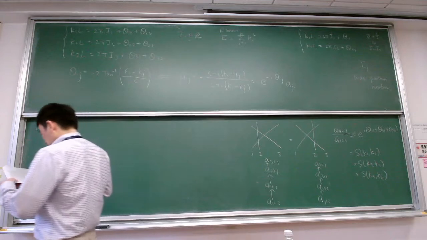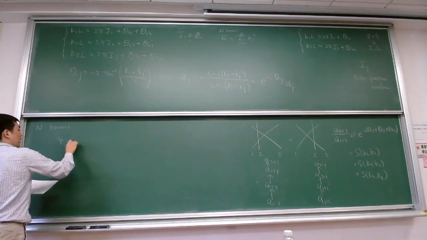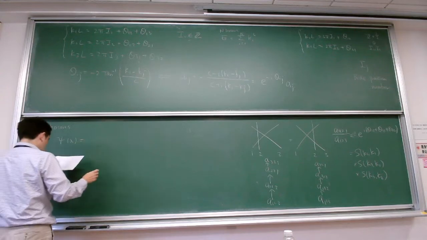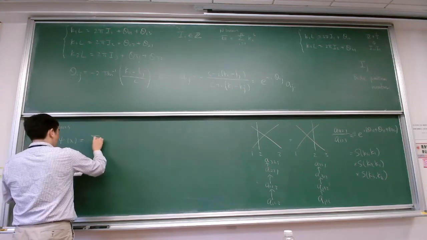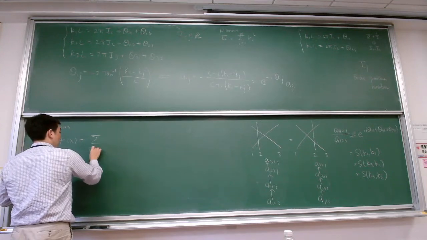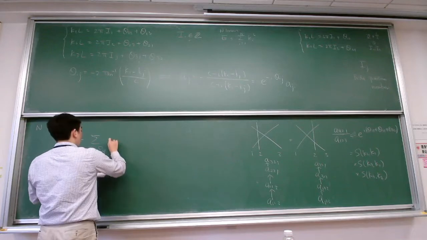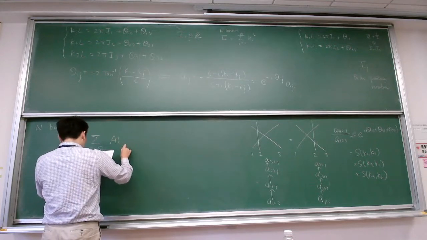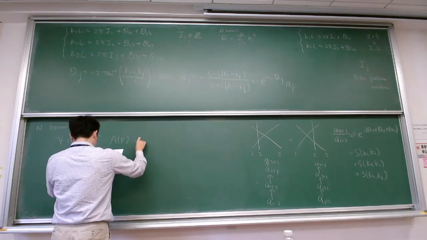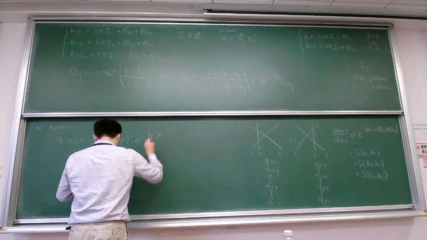The Bethe ansatz is indeed psi of x equals a sum over P, where P is the permutation group of order n factorial, of A_P e to the i k_P dot x.